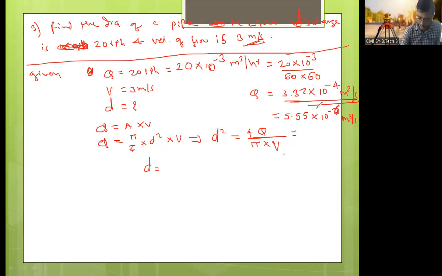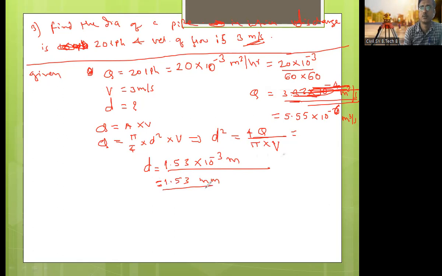5.55 into 10 to the power minus 6, correct. So that is the value of discharge. Means this value is wrong. So diameter is coming, how much is it? 1.53 into 10 to the power minus 3 meter. Then how much in mm? 1.53 mm.